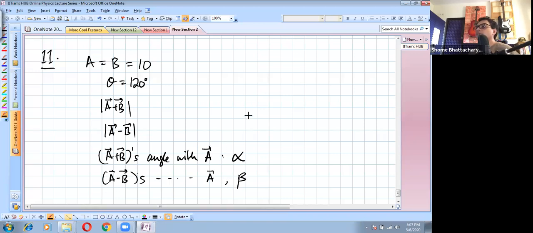You can apply the formula, or you can also try something interesting. You can try solving this using the parallelogram. See if you can use those properties. This vector parallelogram will look like this because A and B are at an angle of theta equal to 120 degrees and their magnitudes are equal.